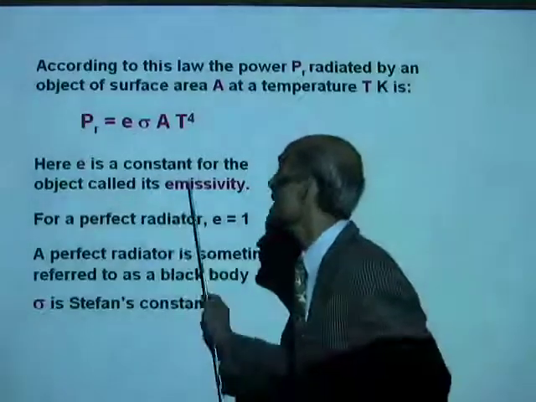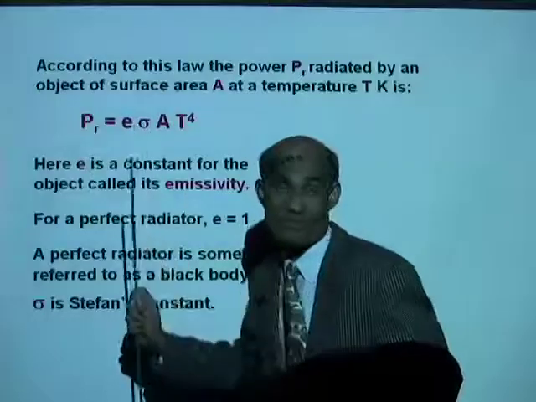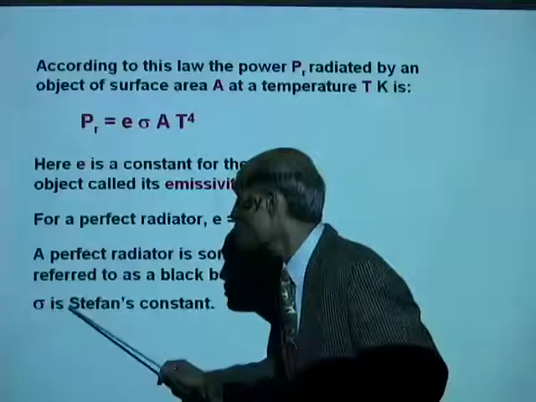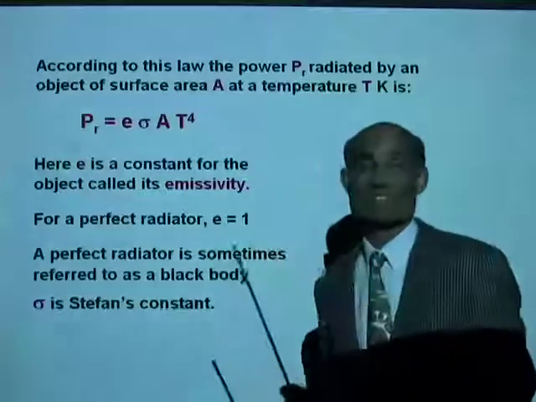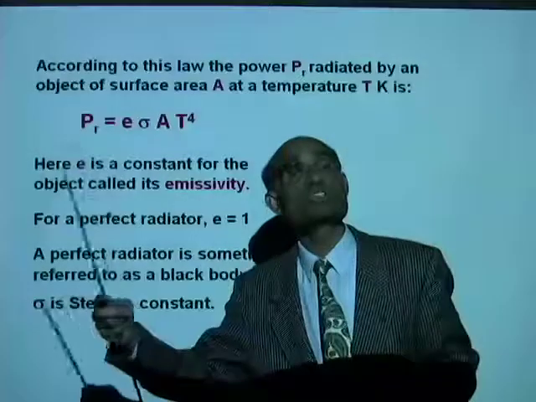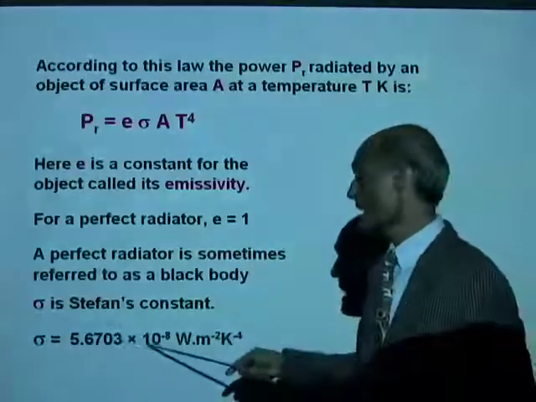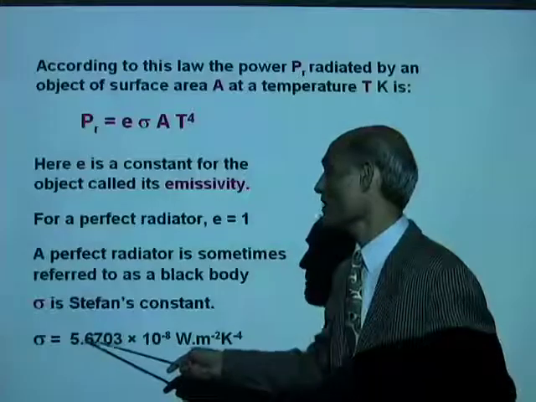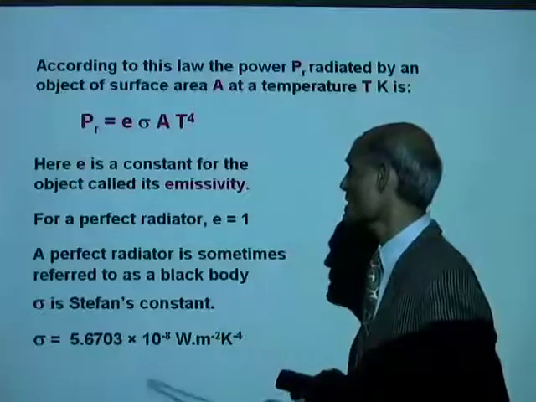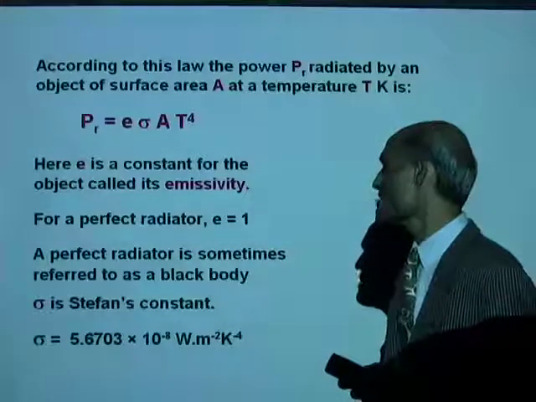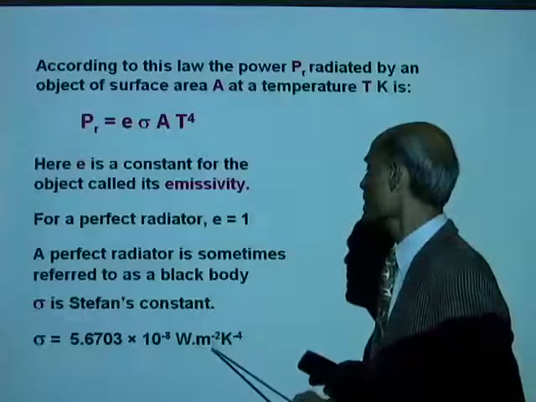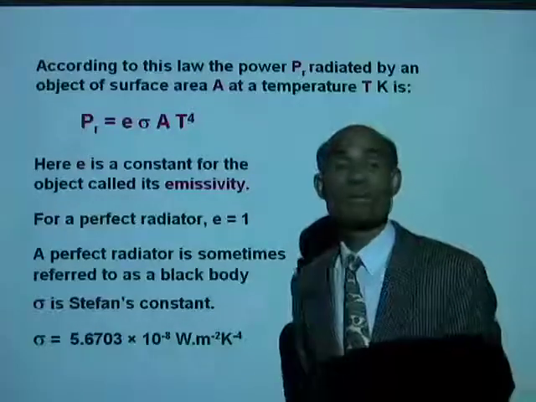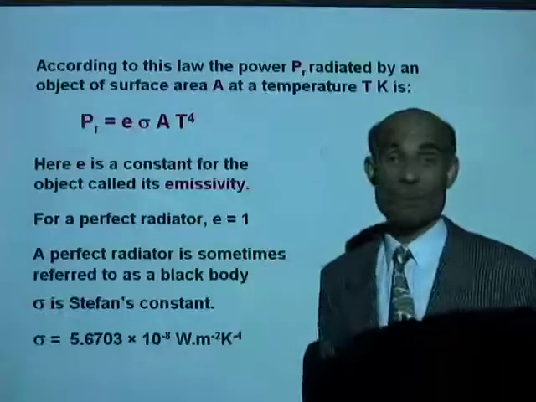So E is the emissivity of the material, and sigma is called Stefan's constant, which is determined experimentally, and it has this value, 5.6703 times 10 to the negative 8 watt per meter squared per Kelvin to the 4.